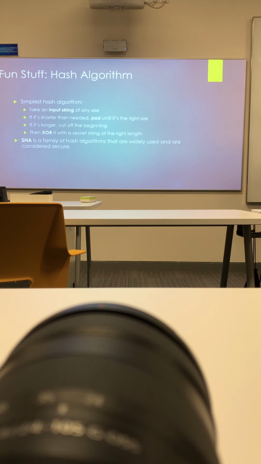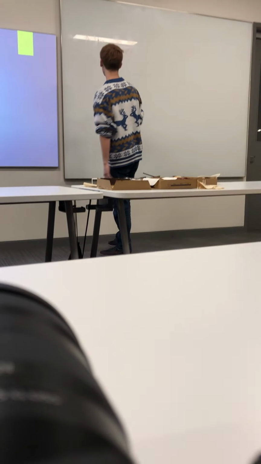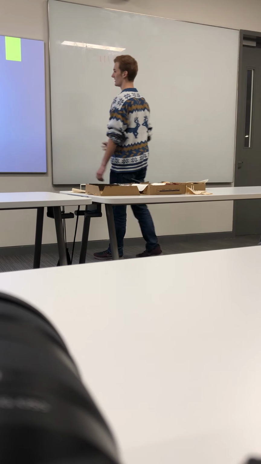This thing is not shorter than it needs to be, so I don't have to add anything. If I did have to add something, then I'd have to have a preset list of digits that go in a certain order so that I can always predict what it's going to be, and it's the same every time. If it's longer, which it is, then you cut off the beginning. So I'm just going to erase that part.